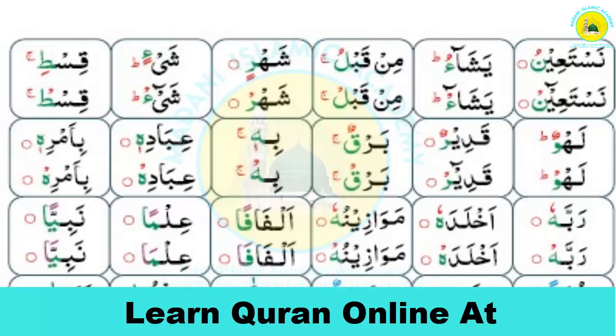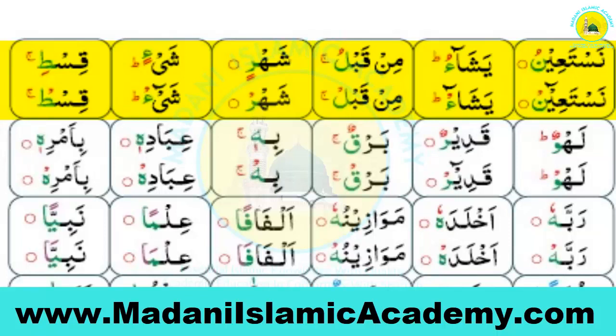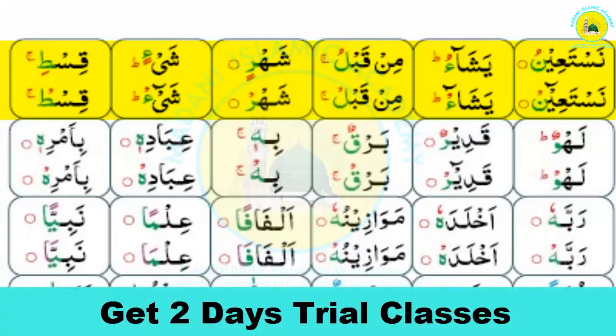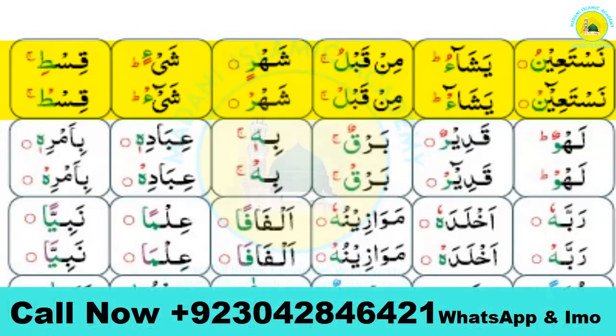We make the noon sakin and read nasta'in, and we also do madde arid, a temporary mad. Then you see the hamza has a pesh, yasha'u, but the ta is waqf mutlaq, so we read yasha. If you can read after me as well, inshallah, we'll mention the waqf rule too.